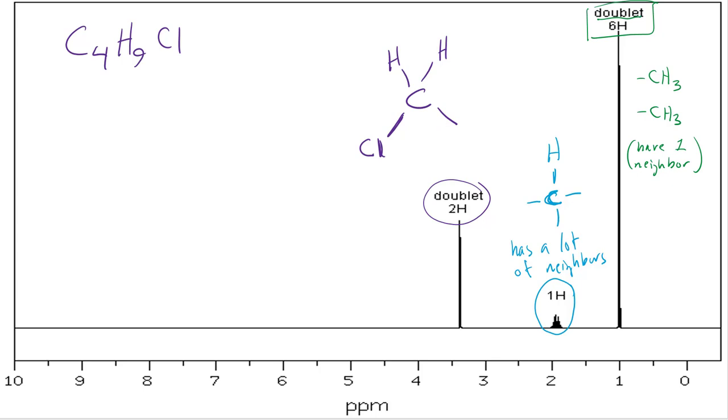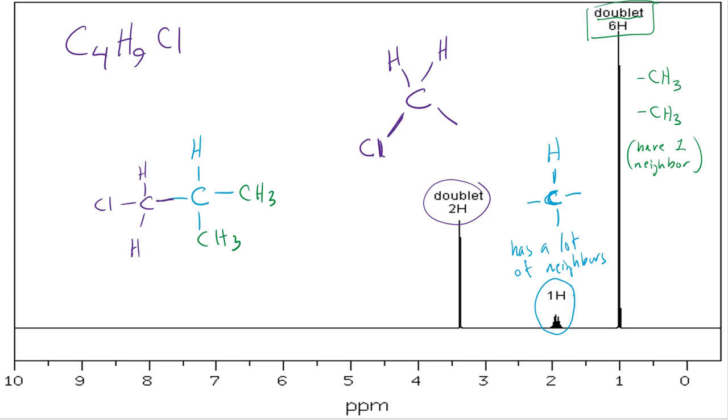So in thinking about how those puzzle pieces go together, the CH has to be in the center of the molecule because it's the only one that can be attached to multiple other things. That means it's attached to the CH2 that has the Cl, as well as the 2 methyl groups.